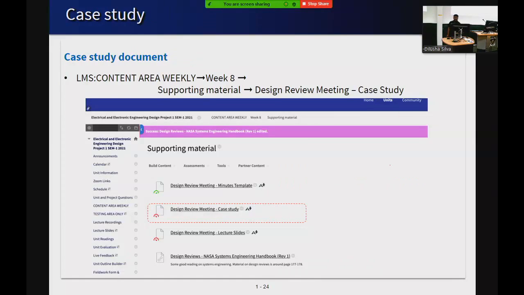All right, let's look at the case study. I want you to pull up on LMS that particular document, if you can see it. All right.